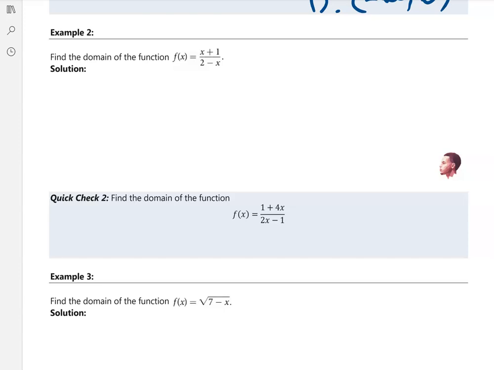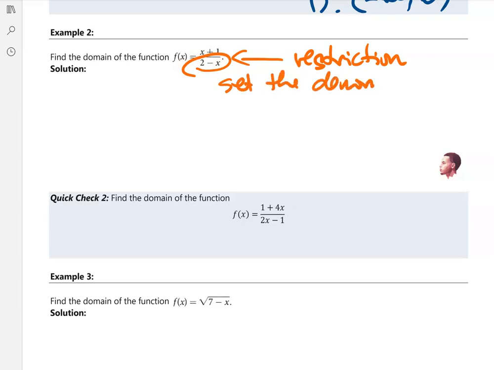How about example number 2? You'll see here that there is a denominator, so meaning we have a restriction. And to find it, you have to set the denominator equal to 0. Okay, so let's do that. Your denominator is 2 minus x, so 2 minus x is equal to 0.